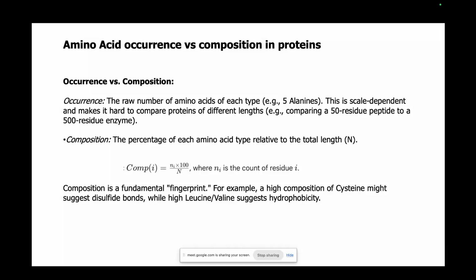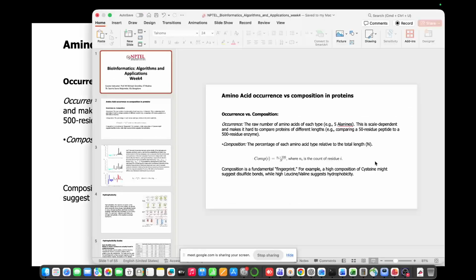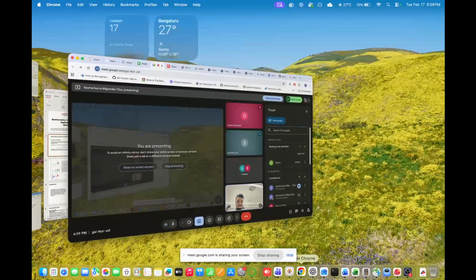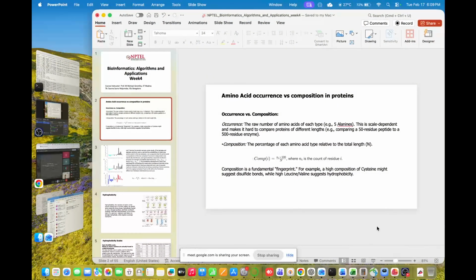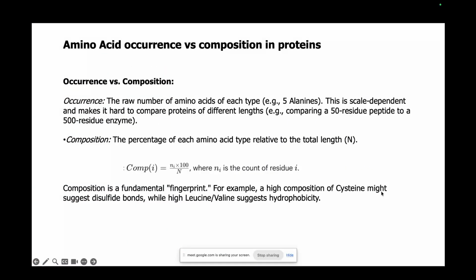So now you'll say that 5% of the protein is covered by alanine instead of just saying alanine occurs five times in that protein, right?